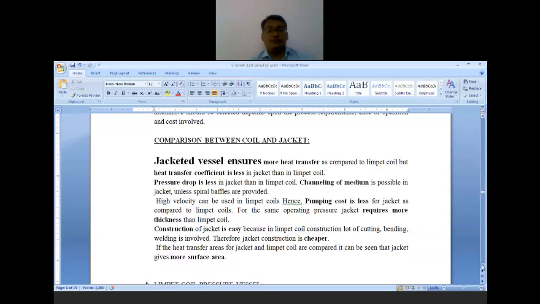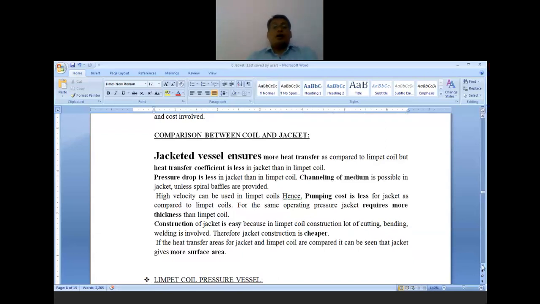Now coming to the comparison between the coils and the jackets. Generally the jacketed vessels are used for smaller dimensions where steam is used as the heating media.